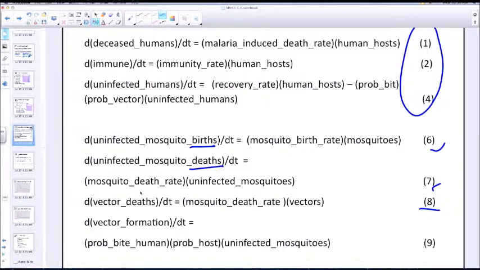That's not a birth, but they just change from uninfected to vector, 9. As I said, you can put this as 1, and this is another one, then you could make it 5 differential equations because we have 5 variables.